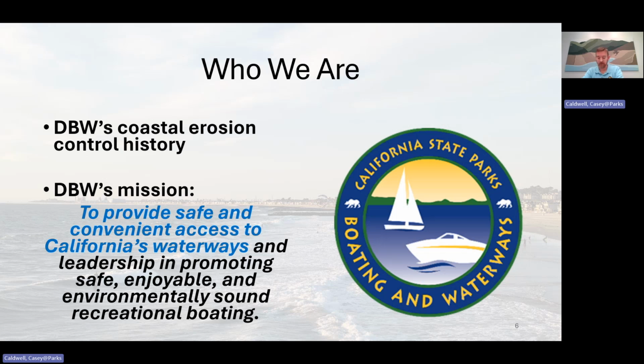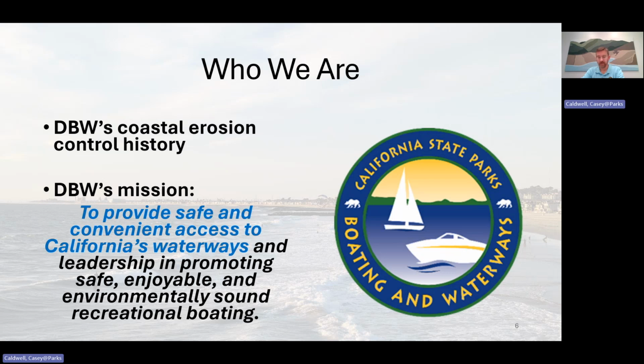This move gave us authority to help local agencies combat coastal erosion using tools like beach nourishment, seawall construction, and everything in between. In 1999, the Public Beach Restoration Act created new statutes specific to DBW's participation in beach nourishment projects. And in 2013, DBW merged with the California Department of Parks and Recreation. And since then, DBW has been a division within state parks.